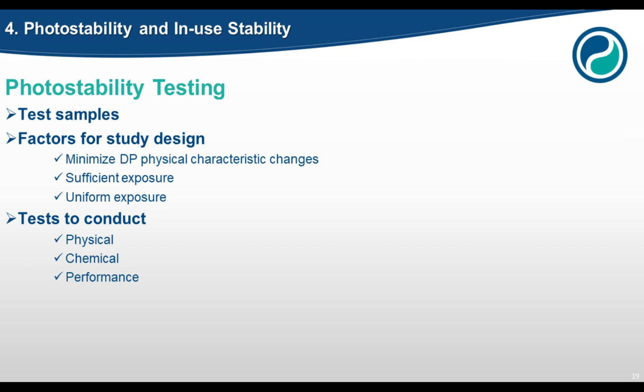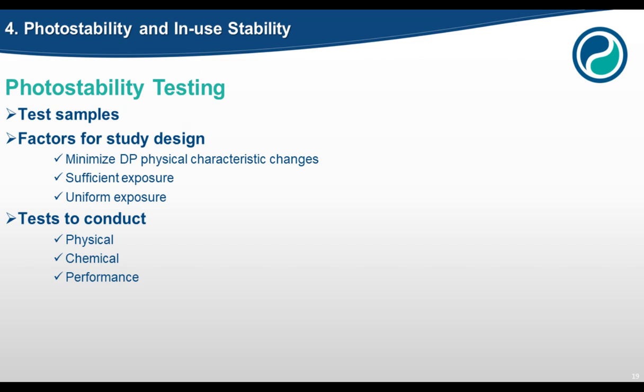And when we design the study, we also have to pay attention to the design factors. We want to minimize drug product physical characteristics change, such as evaporation, phase separation, and melting. For solid dose drug product, we have to evenly spread it in a single layer.